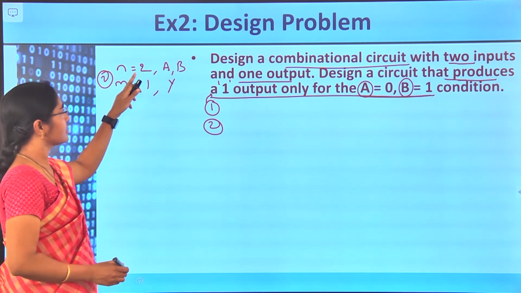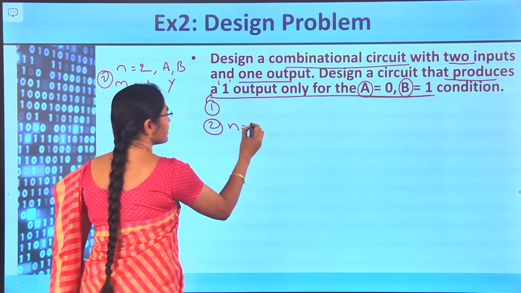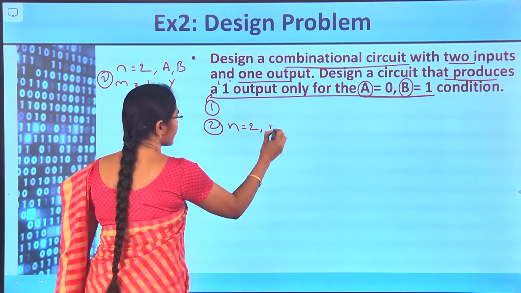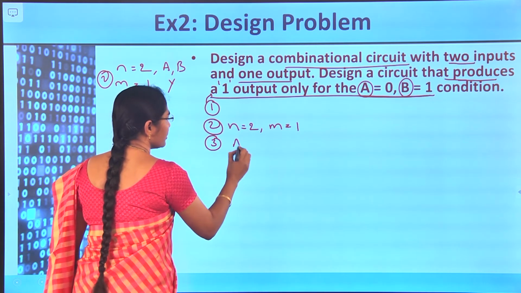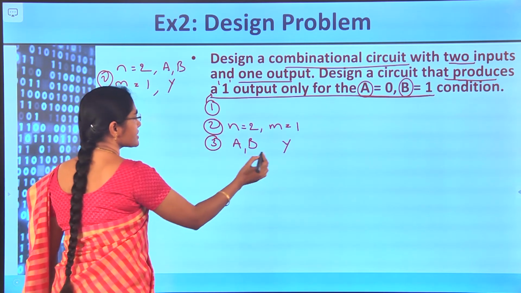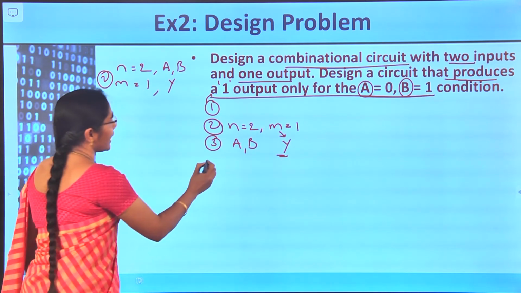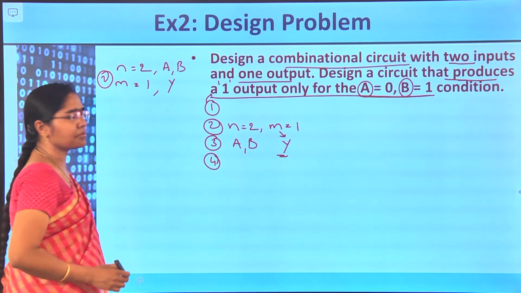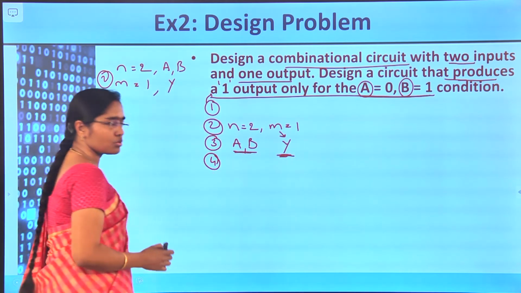Number of inputs n and number of outputs m. In our second step, the number of inputs is 2 and the number of outputs is 1, and in the third step, the input variables are taken as A and B, since that is given in the problem itself, and the output variable is taken as y. And the fourth step is to obtain the relation between A, B and y using a truth table.